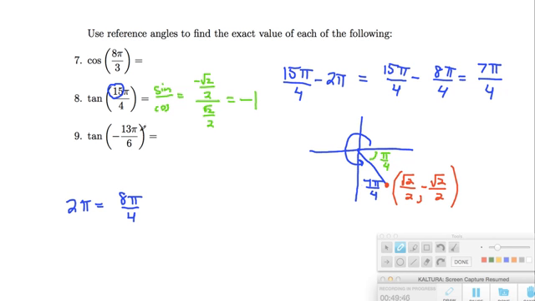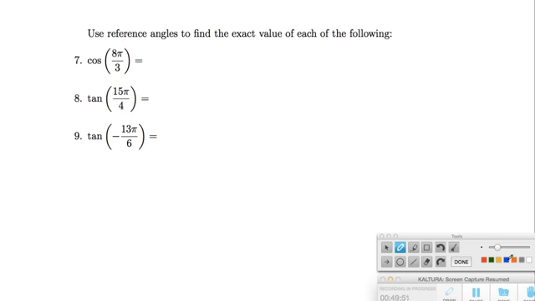And then lastly, we were trying to find tangent of negative 13 pi over 6. Well, what's a negative angle? Remember that an angle in standard position rotates this way off the x-axis.